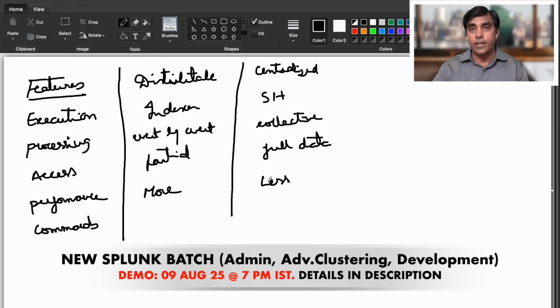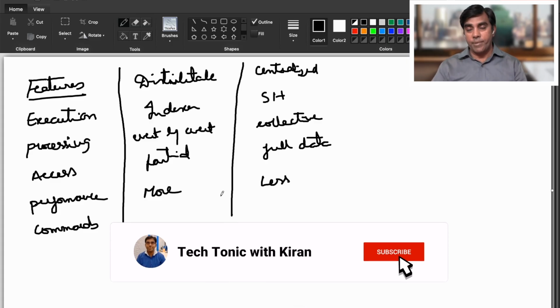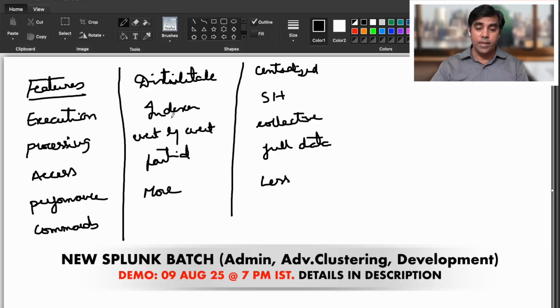Even though both types use it to get the data live, distributed streaming commands have somewhat more performance than the centralized ones, because they analyze the events only on that particular indexer, whereas centralized streaming commands collectively analyze all the indexers' data. So that's why the performance of distributed streaming commands will be more.